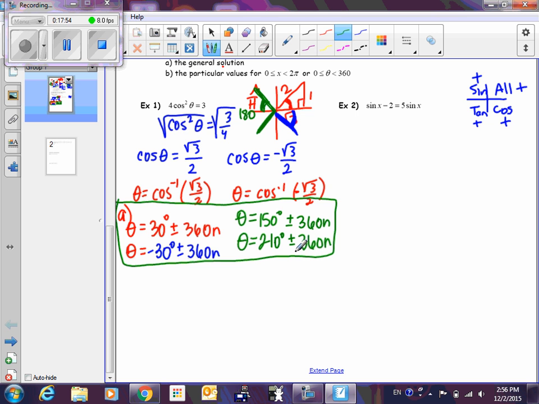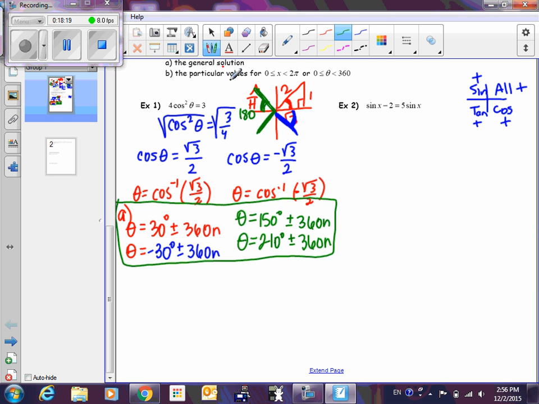All of these represent things that I could plug into theta and make a true statement. 30, and then if I added 360 many times or subtracted 360. If I did the same thing with negative 30, or with 150 or 210, all of those are answers.